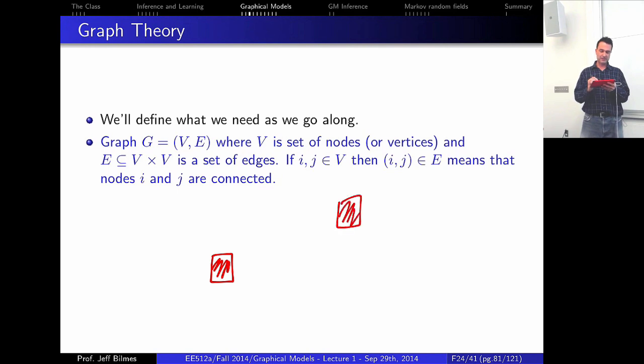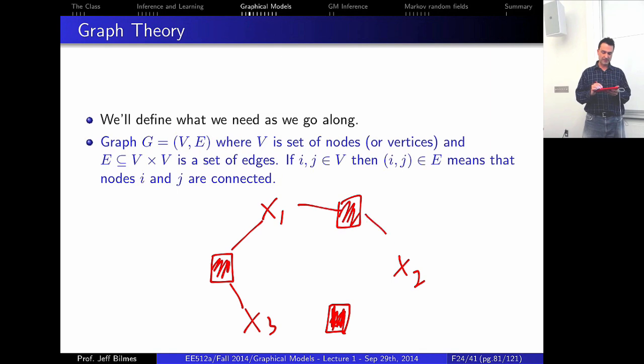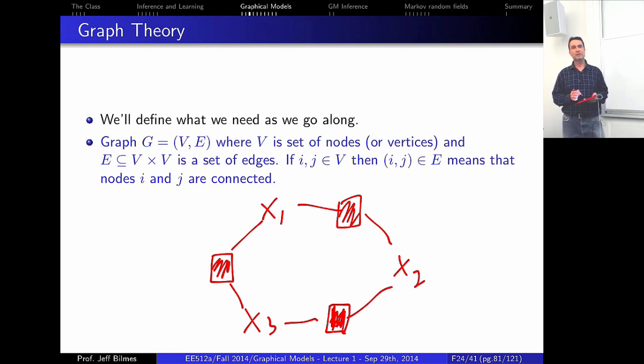So consider this factor graph. There are 3 factors and 3 random variables, x1, x2, and x3. Factor 1 involves x1 and x3, factor 2 involves x1 and x2, and factor 3 involves x2 and x3. So that's a factor graph.